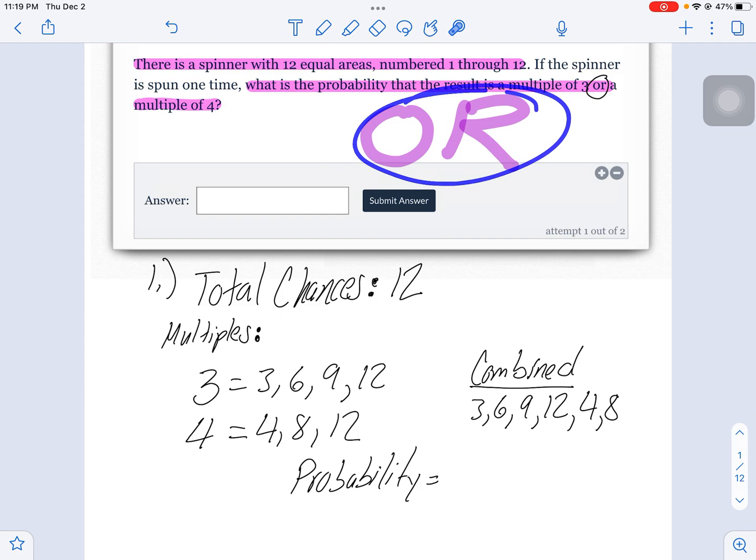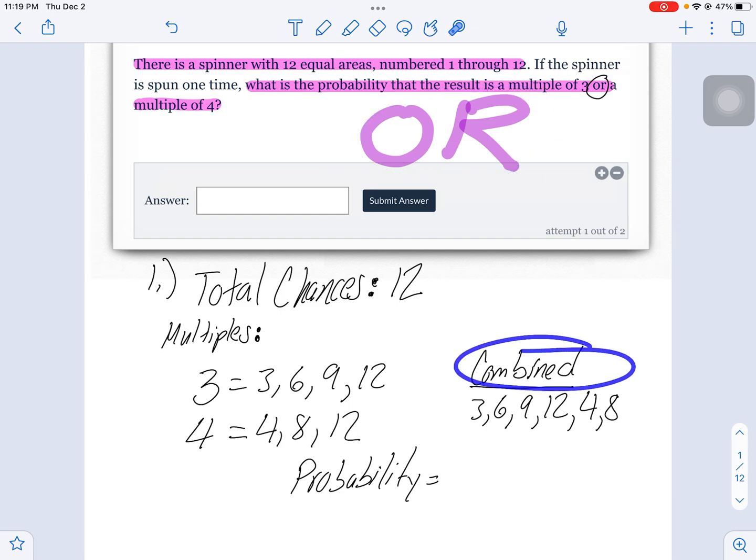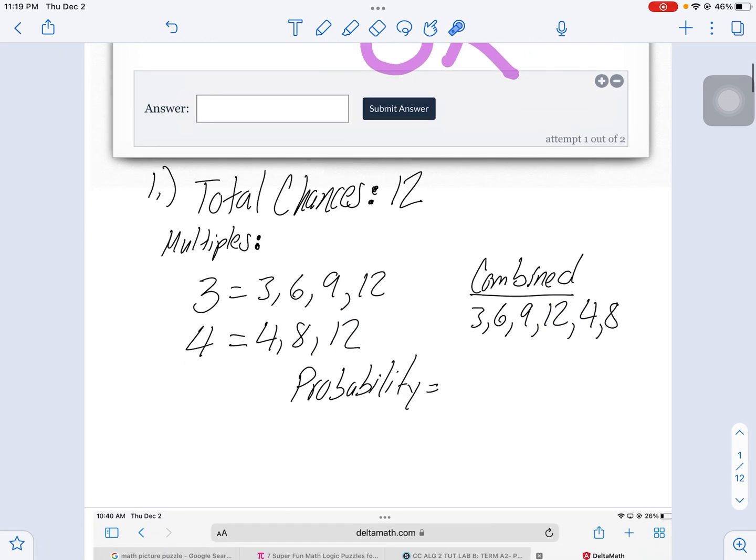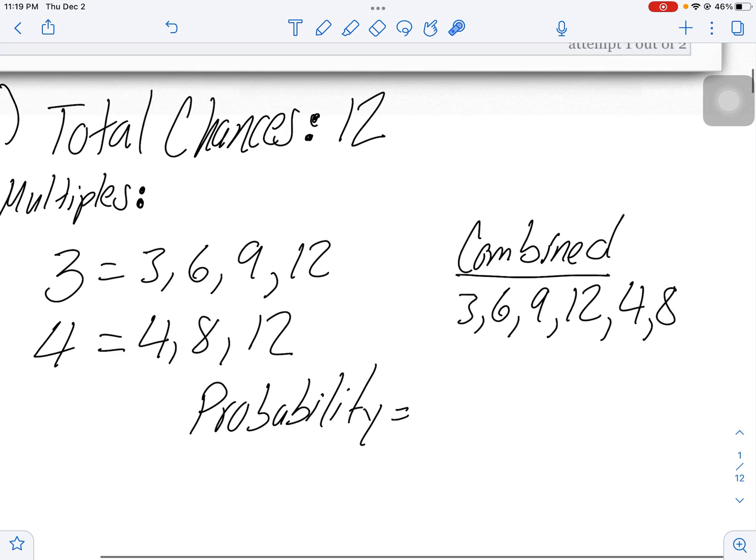And since this is an or problem, we have combined. So we've combined 3, 6, 9, 12, and 4 and 8. Now, we don't need to write 12 again because 12 is already here, right? So how many numbers is this in total?